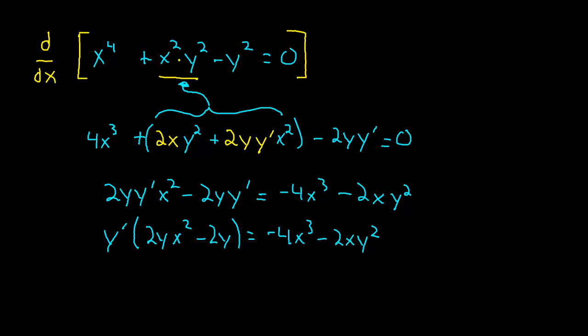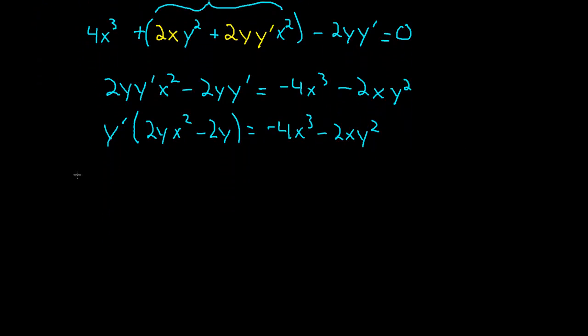Almost done. Last step is to divide. Divide everything by this guy right here, and we get y prime is equal to negative 4x cubed minus 2xy squared all over 2y x squared minus 2y.